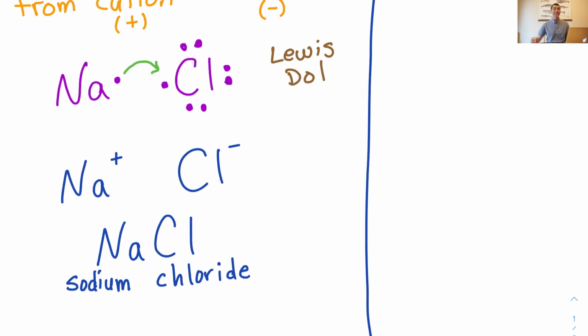The second one was represented as ions. That third little picture is called a chemical formula. And then at the end, sodium chloride is the name of the compound. All right, I'm going to keep moving.